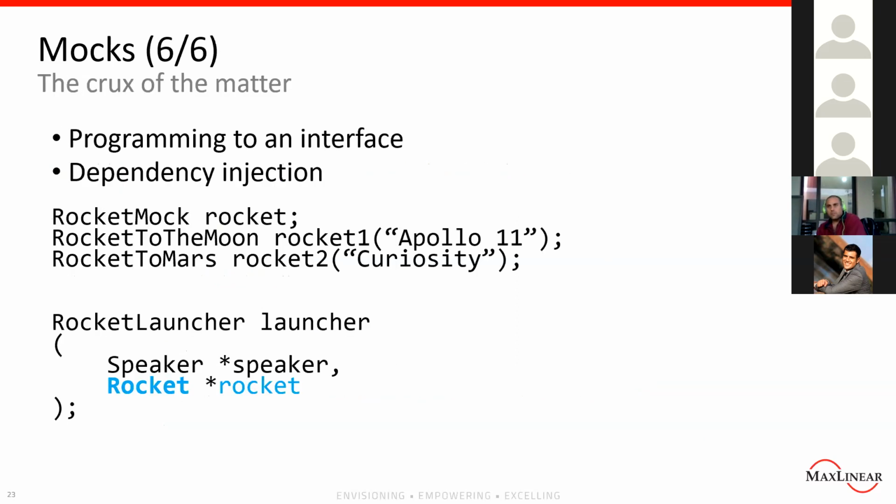As a summary, this is the most important idea in this presentation. What I wanted to say is that to be able to write tests for our code, that code has to be programmed in such a way that no real dependencies are being used, that we are programming to interfaces.